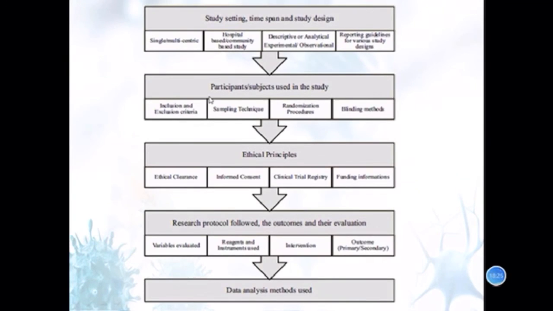Then present the subjects used in the study, the initial principles, the ethical principles and the research protocol followed, and the outcomes and their evaluation. And the last is the data analysis methods used. Usually it is like this kind of steps in this part.